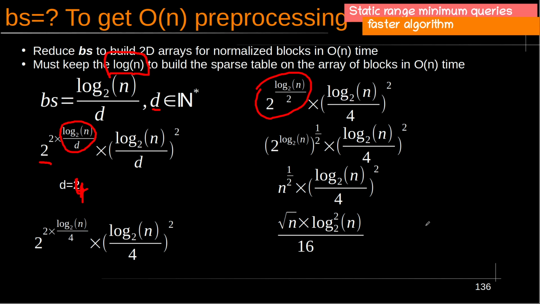We know that m power a times b is equal to m power a, all power b. So we can write this as 2 power log base 2 of n, all power 1/2, times log base 2 of n over 4 squared. This is our n here. So n power 1/2 times log base 2 of n over 4 squared.